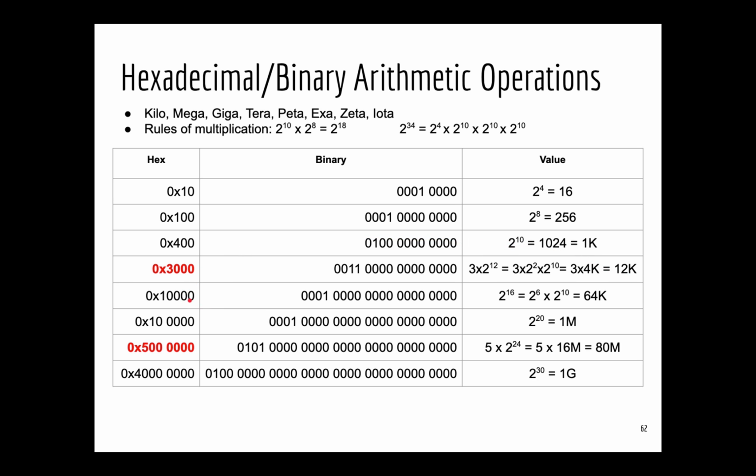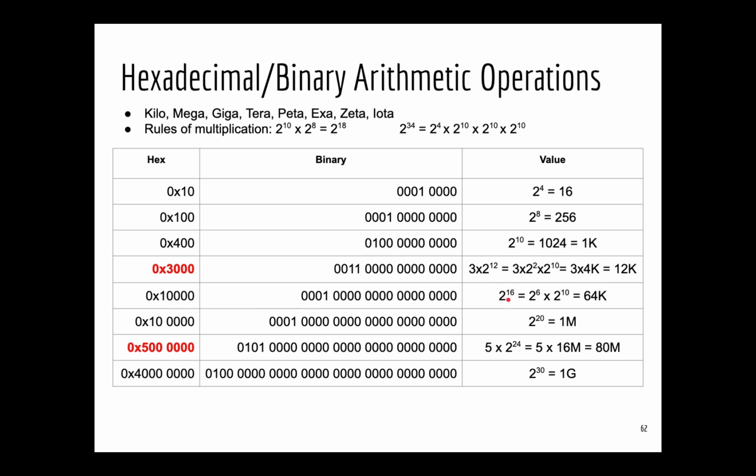The next number is easier to analyze. This is just 1 followed by 4 zeros. In binary, this is what you see, and you will see 16 zeros in here. That means the decimal value of that number is 2 to the power of 16.